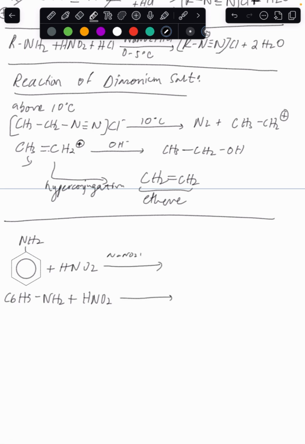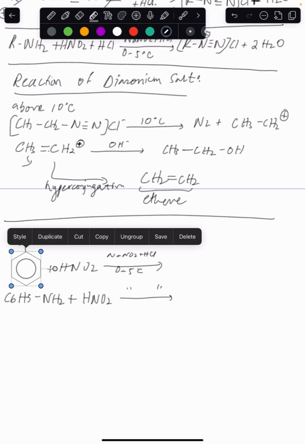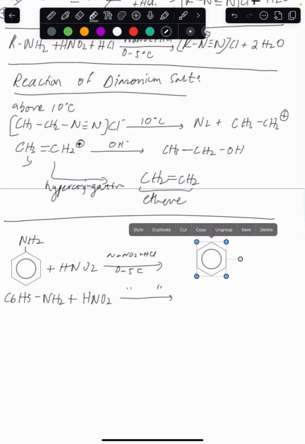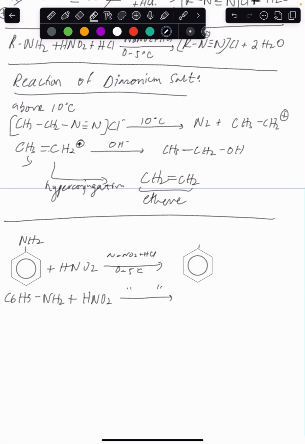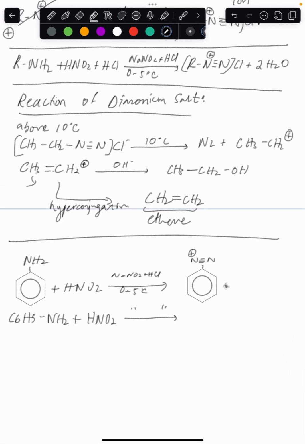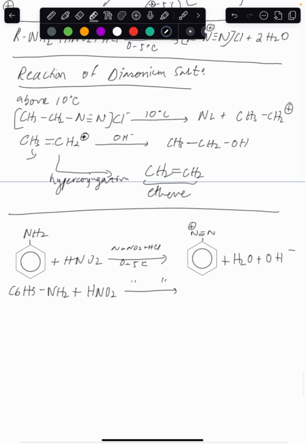And NaNO2, HCl, 0 to 5 degrees Celsius, the same conditions met, then we will have something called a benzene diazonium ion. As before, the byproducts will be H2O and H-. Same goes for here, C6H5 and triple bond N positive, the same byproducts.